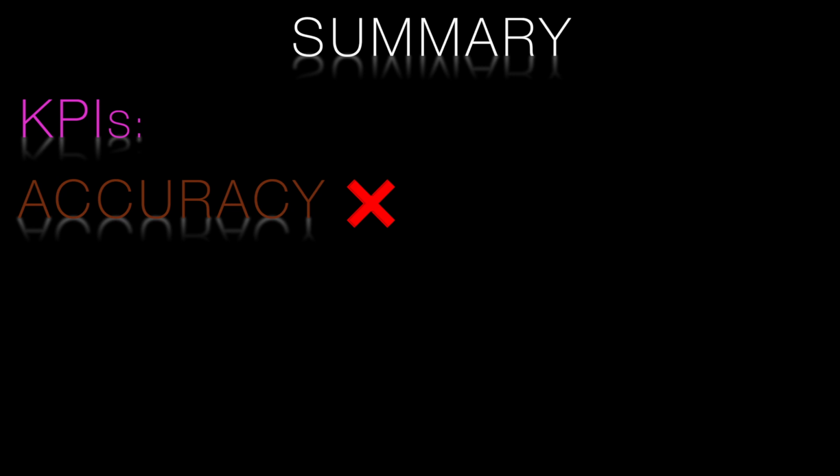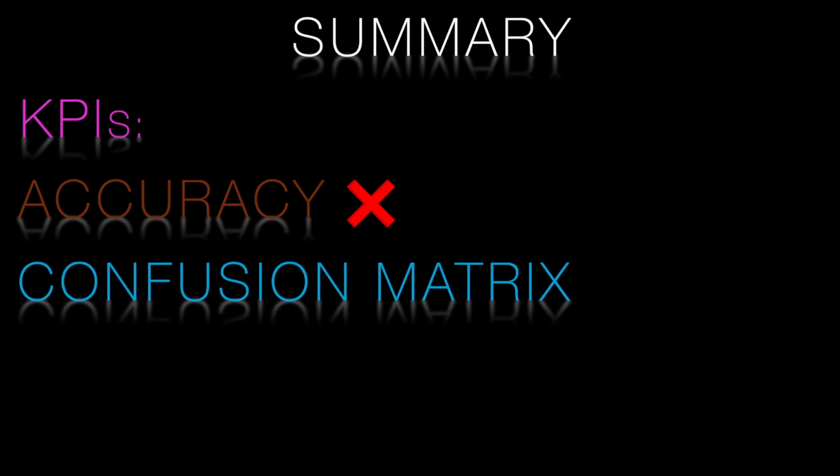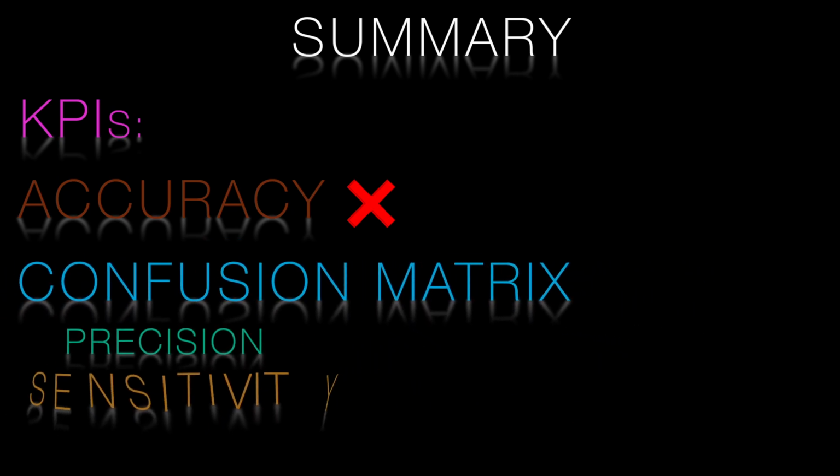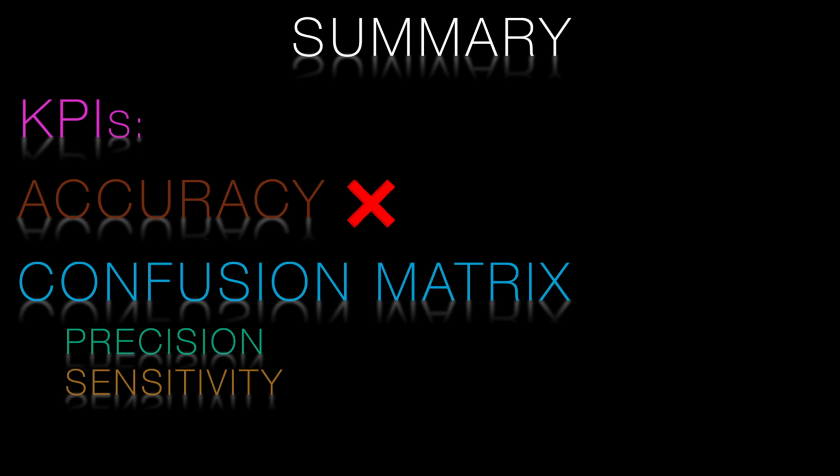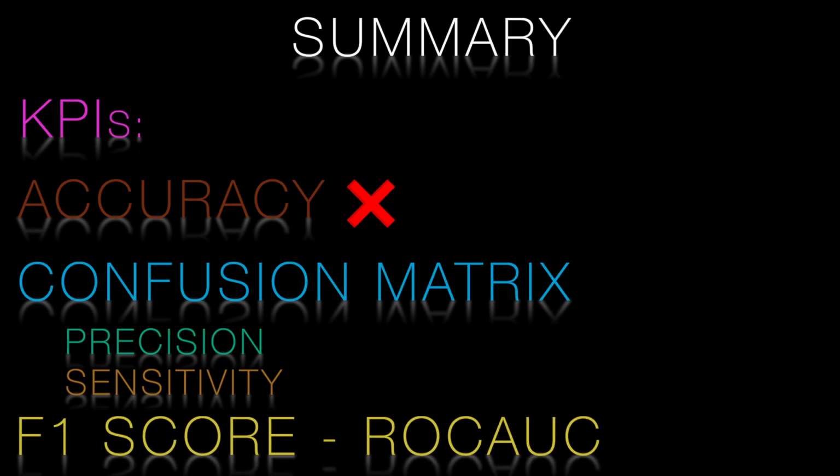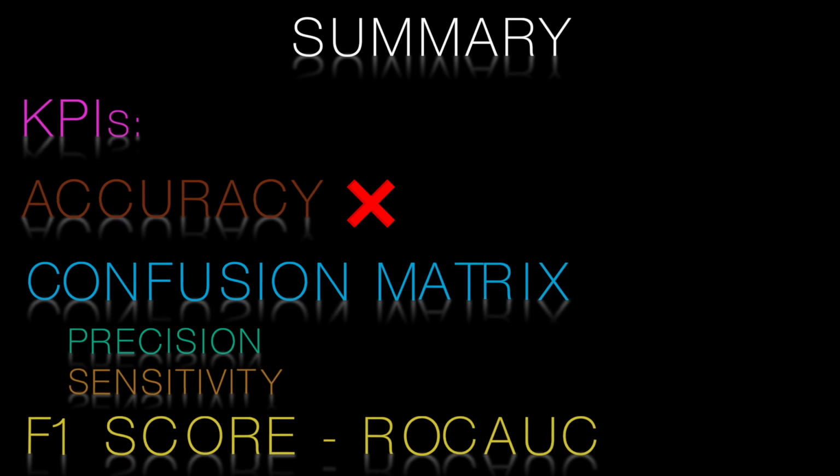We've seen how to use a confusion matrix to derive additional KPIs such as precision and sensitivity, and see how they're a better way to describe how effective our classifiers are. We've seen how to use these measures to optimize our models, and how we can further derive measurements such as F1 score and the area under our ROC curve to provide superior metrics to accuracy alone.